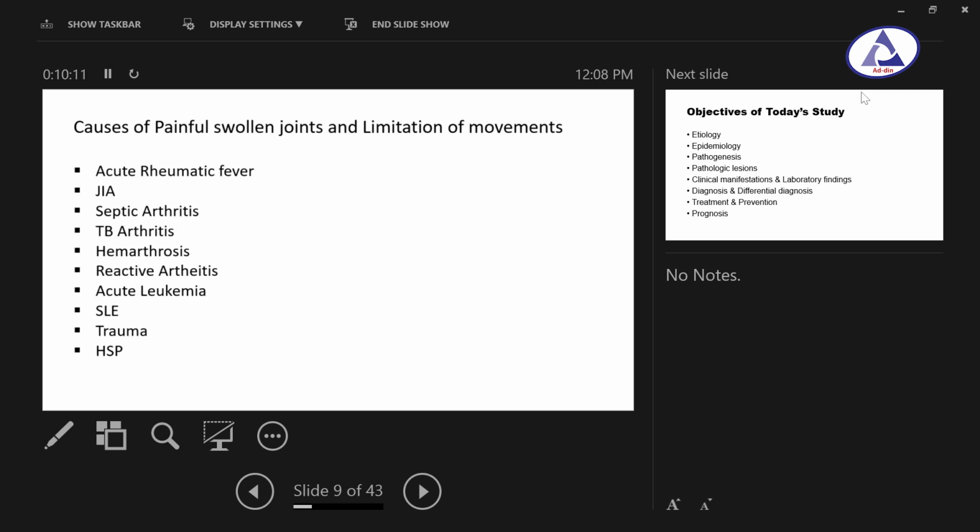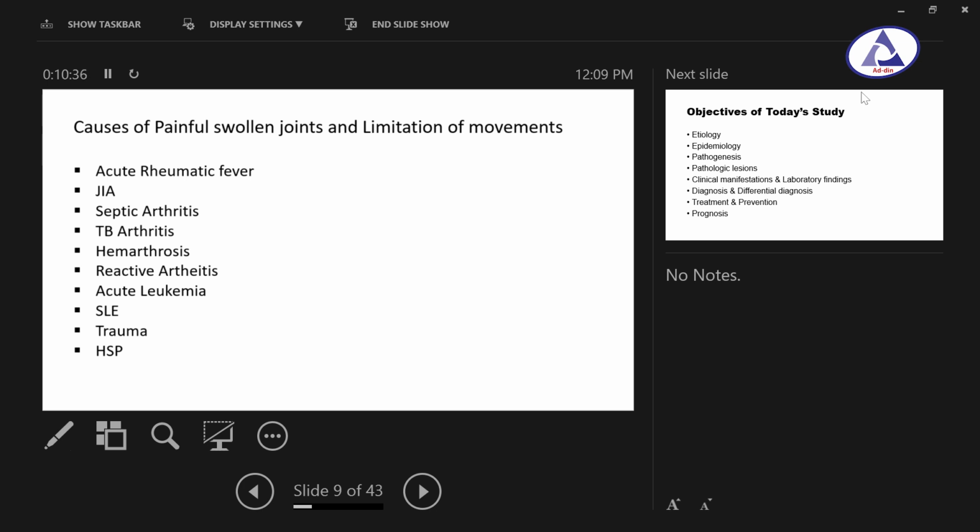So, what are the causes of painful swollen joints with limitation of movements? It may be acute rheumatic fever, we have already discussed, and JIA, also septic arthritis, tubercular arthritis, hemarthrosis. Hemarthrosis means blood in the joints.